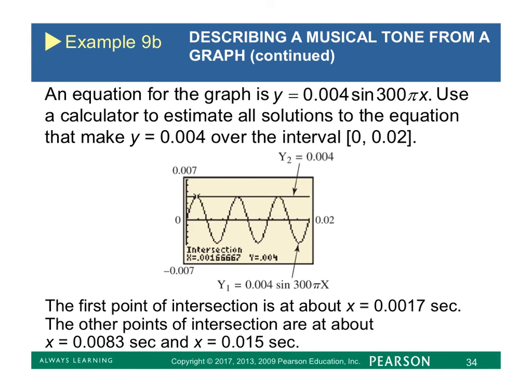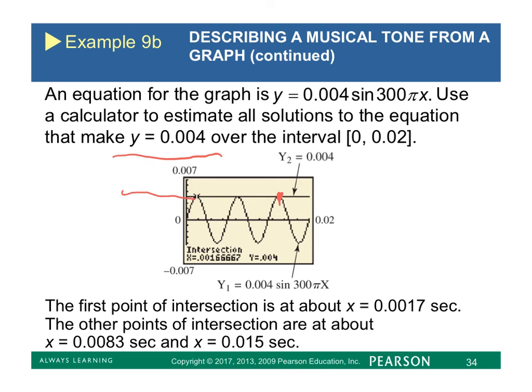8b. Okay, it's the same graph. The equation of the graph is y equals 0.004 sine of 300 pi x. That is the same graph. Use your calculator to estimate all solutions of the equation that makes y equal to 0.004. Well, that was the height.